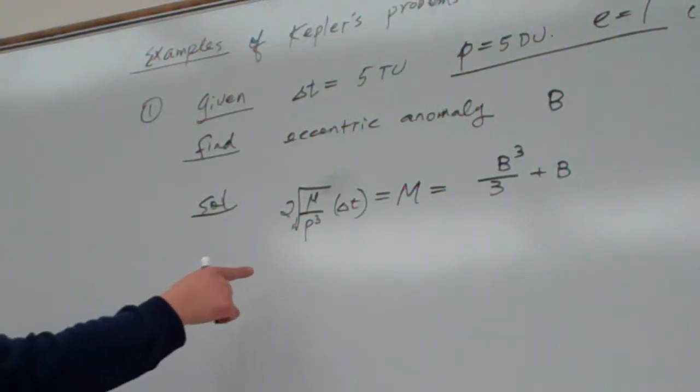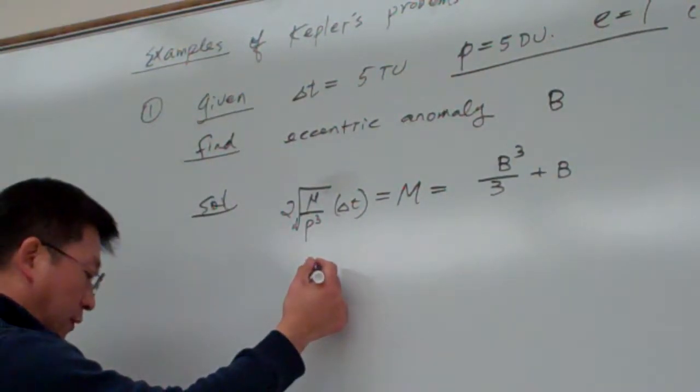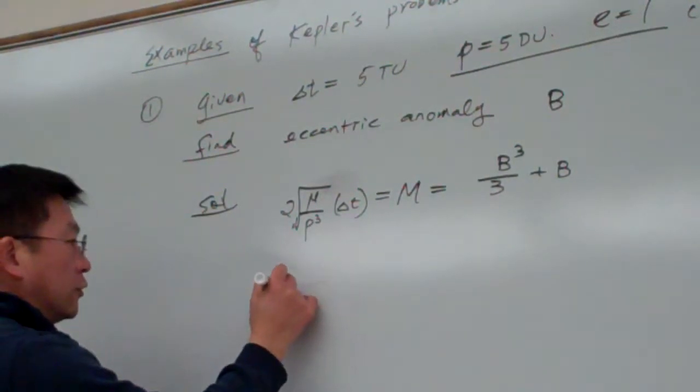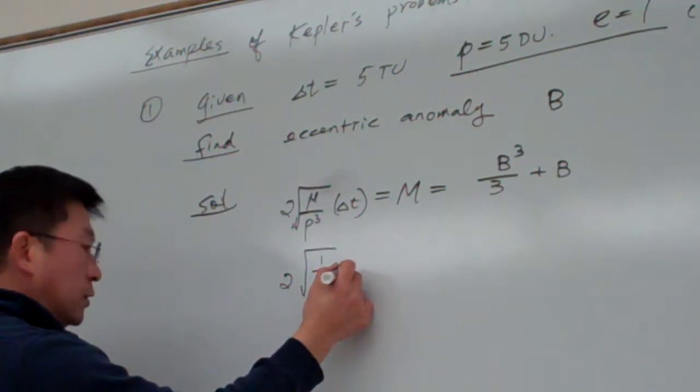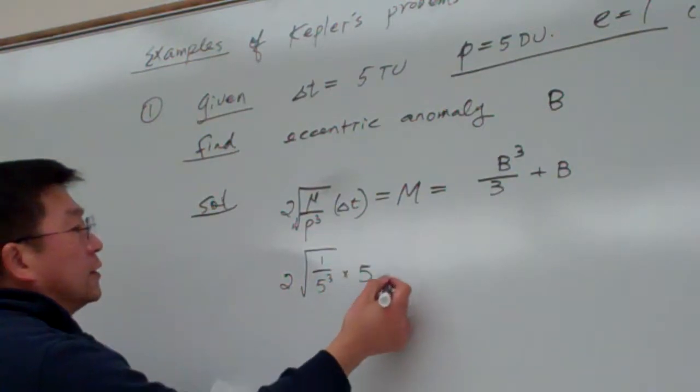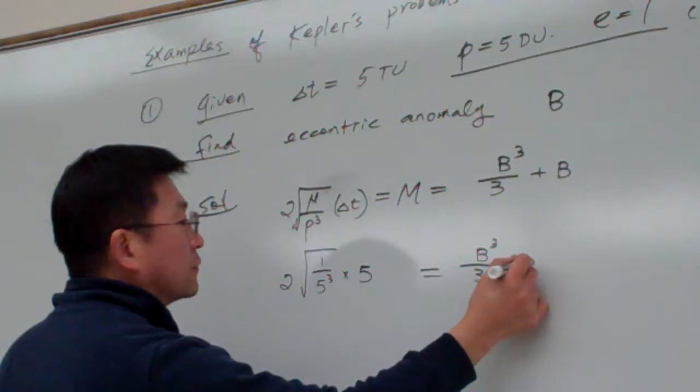So right now you can see we are given the left-hand side information. So therefore from here the 2 times 1, 5 cubed multiplied with 5 is equal to b cubed over 3 plus b.